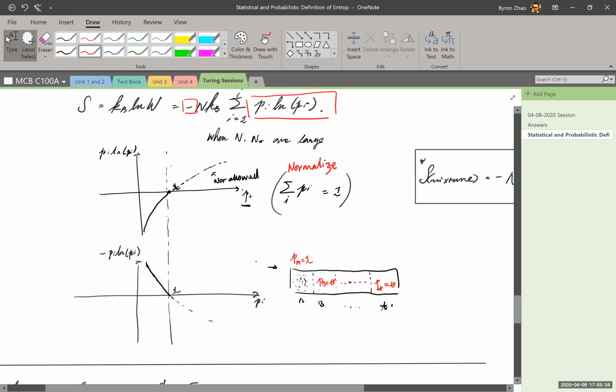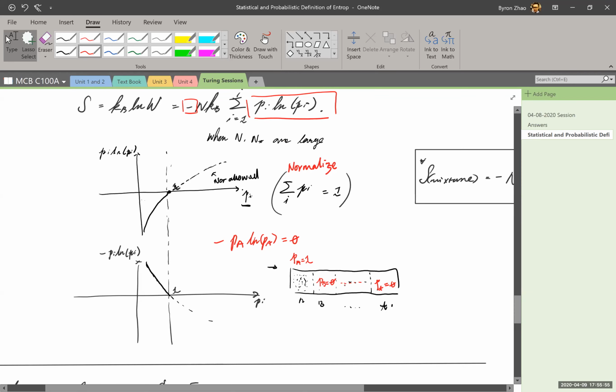What will happen is your ln PA will equal 0. And then Pi ln PA will also equal 0, and then negative Pi ln PA will also equal 0.